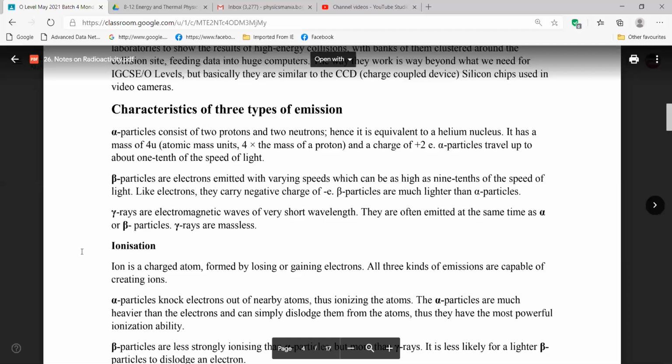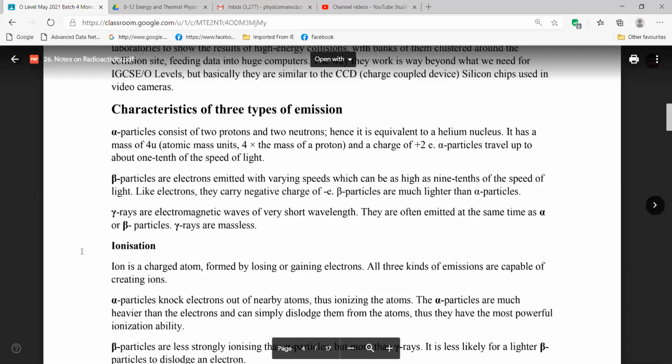It has a mass of 4u, atomic mass units, about 4 times the mass of a proton, and a charge of +2e, that means charge of two electrons. Alpha particles travel up to about one tenth of the speed of light.